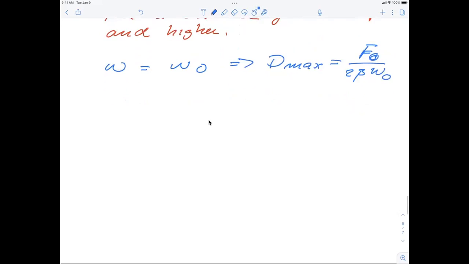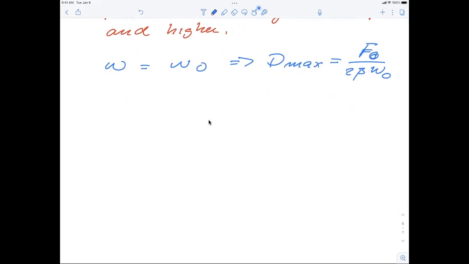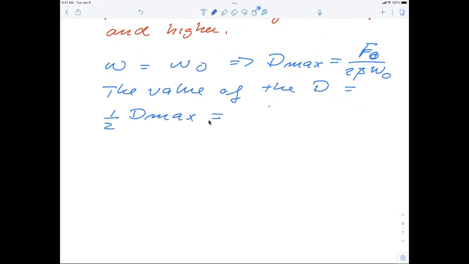So if we now use this value, we could now ask the following question. We are going to define a specific value: the value of d, where d equals 1/2 times d max, which simply means that we have an F0 divided by 4 times beta omega 0.